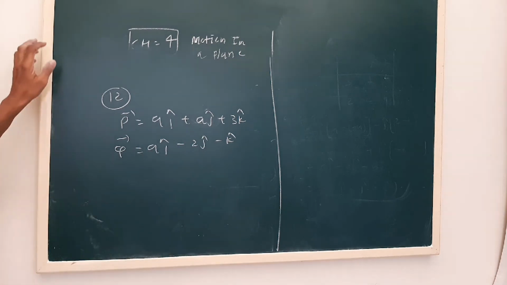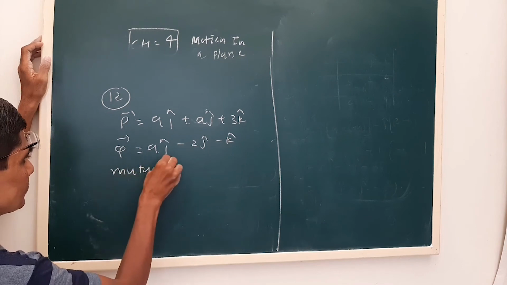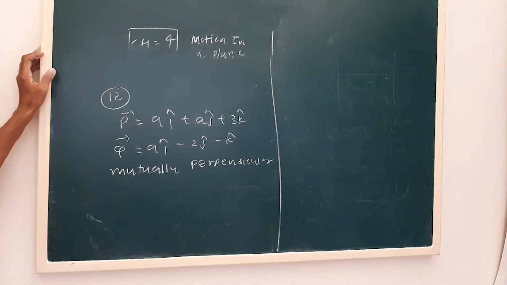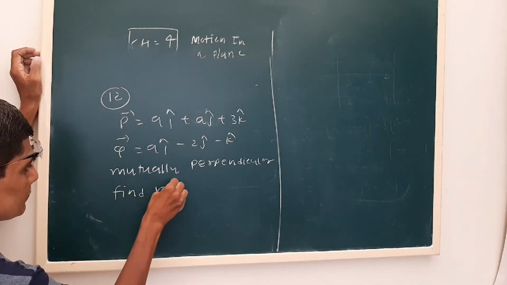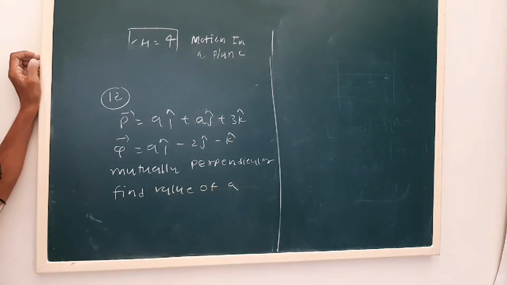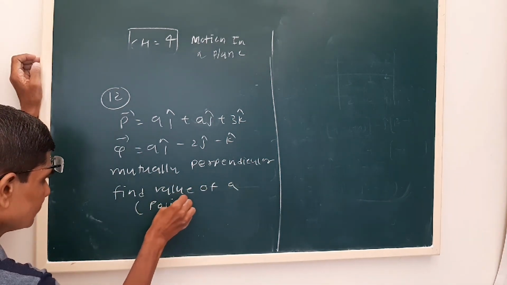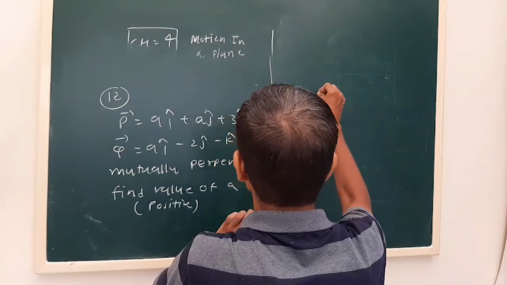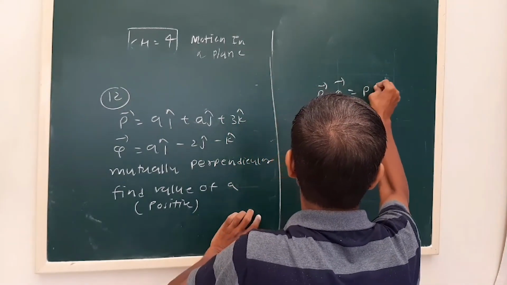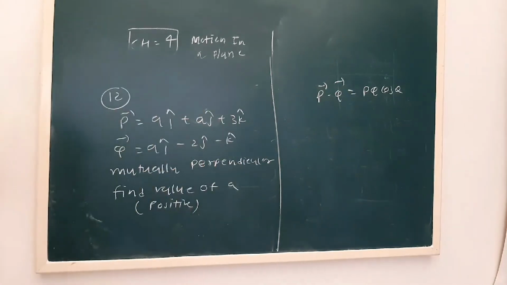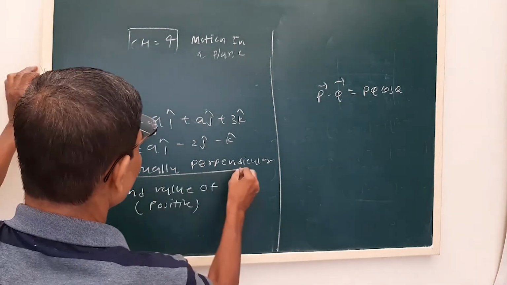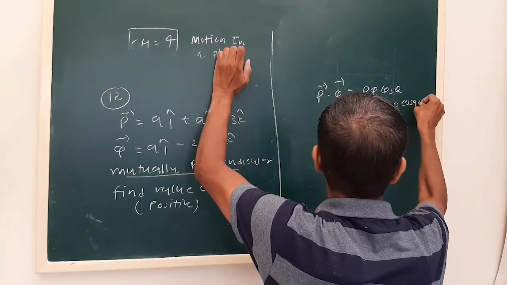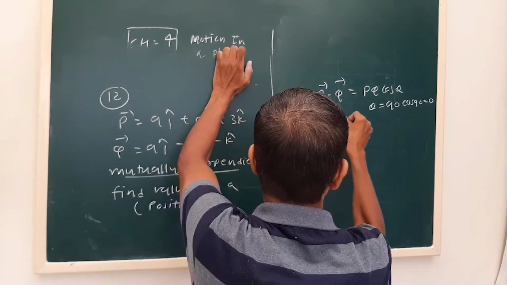Okay, they are mutually perpendicular. So find the value of A. Okay, we have to find out the positive value of A. Now see the scalar product. P dot Q is PQ cos theta. Now here the angle between the two vectors is given as 90. Why? Because the vectors are mutually perpendicular. So we get P dot Q is 0.